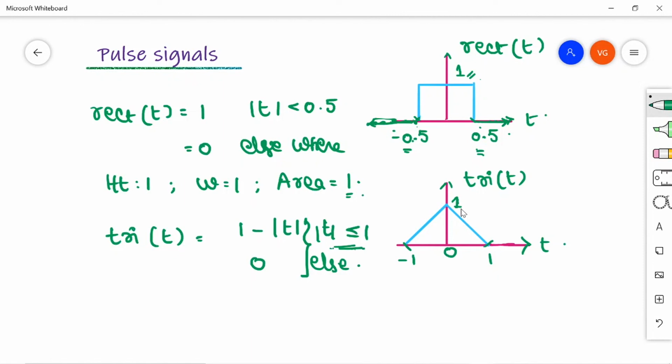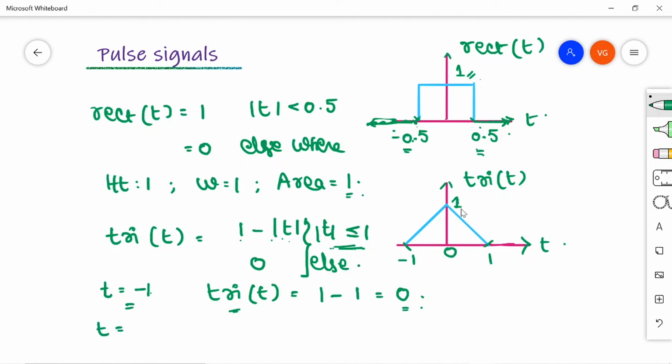So in those limits, the signal property is 1 minus mod t. That is, if you take t is equal to minus 1, then 1 minus mod t means what? As you have mod, it will become plus 1. So 1 minus 1 is 0. So at t is equal to minus 1, the amplitude of the triangular signal is 0.